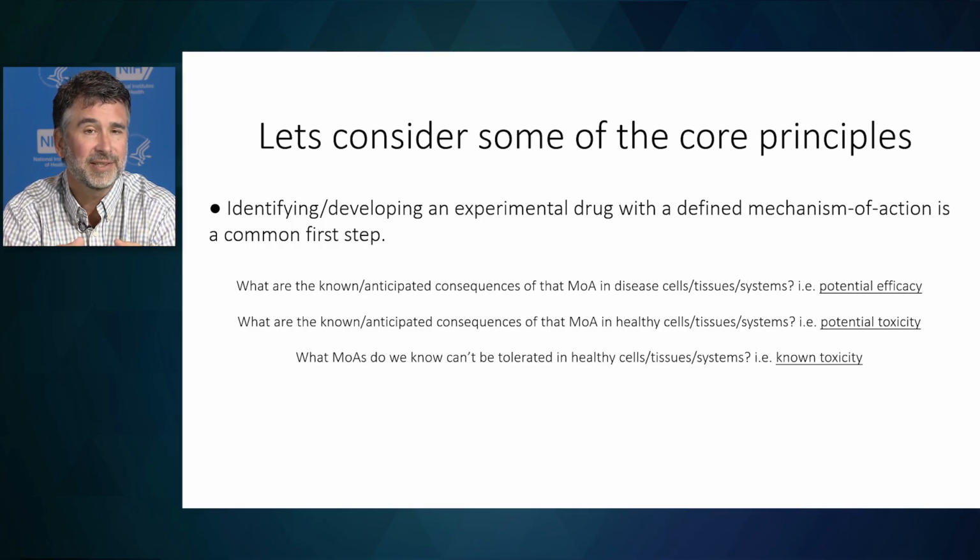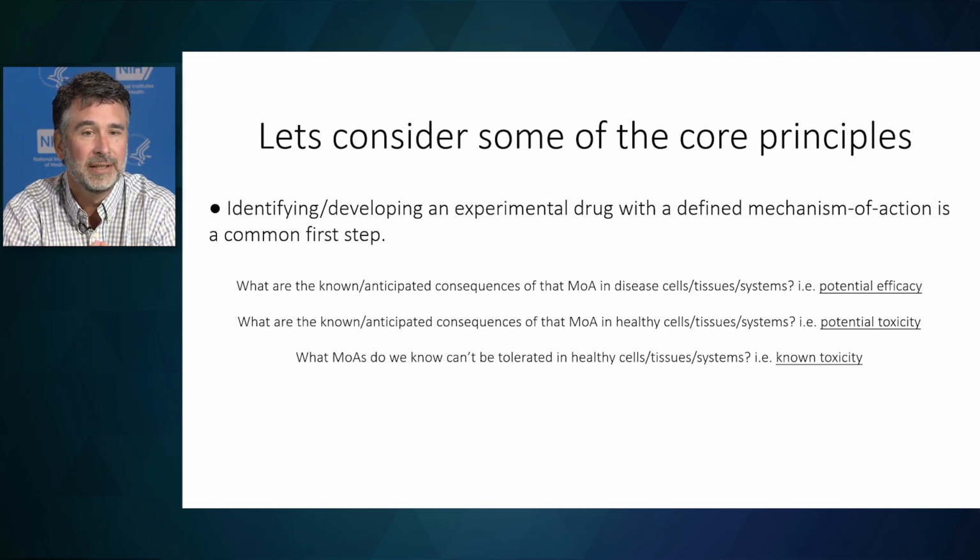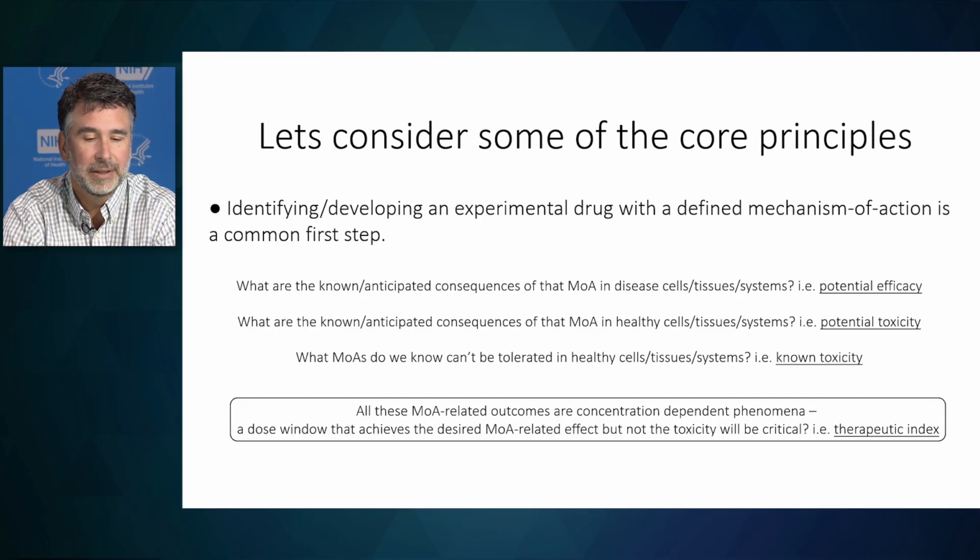So we have all of these concepts: the anticipated consequences, good positive consequences of the mechanism of action that we're interested in, which would yield a potential efficacy in a patient, the potential that that mechanism of action might also have toxicity, and then known toxicities. All of these are going to be the kind of data that surround the question of mechanism of action for a future therapy, and the kind of data that pharmacologists and clinical pharmacologists rely upon to then utilize a future medicine in a disease population.